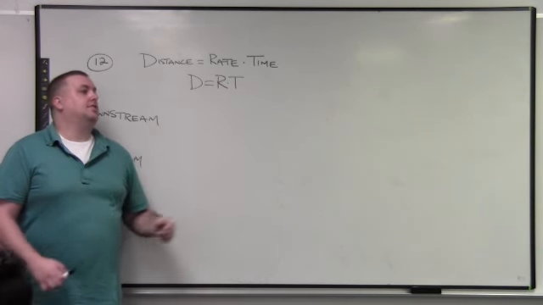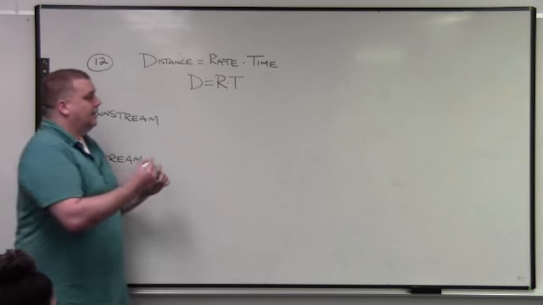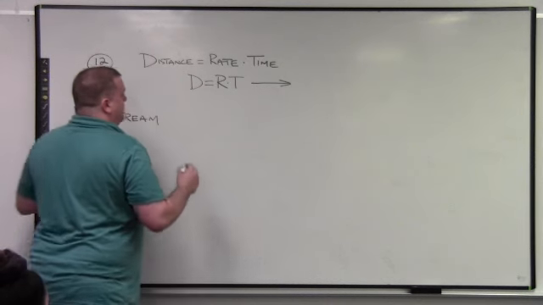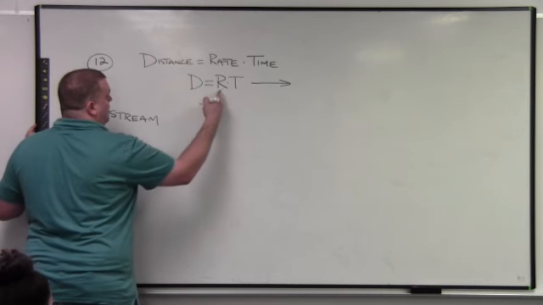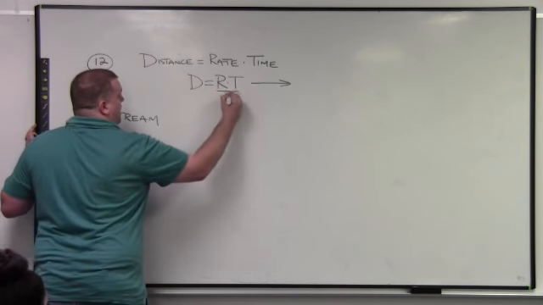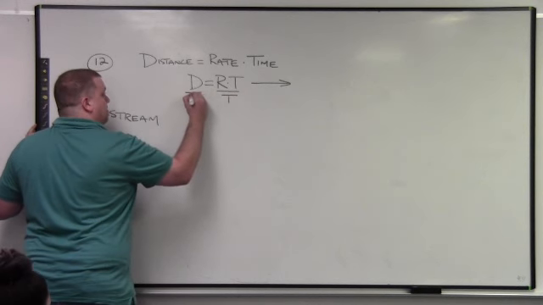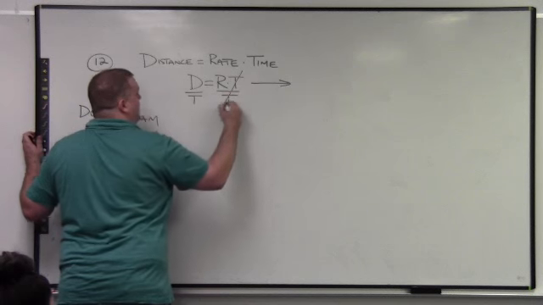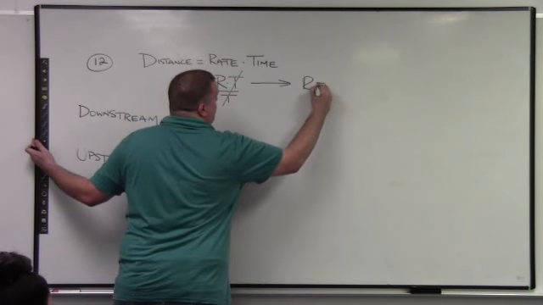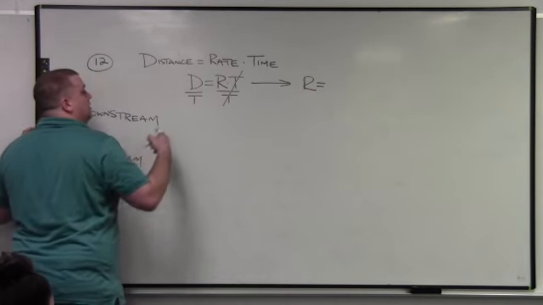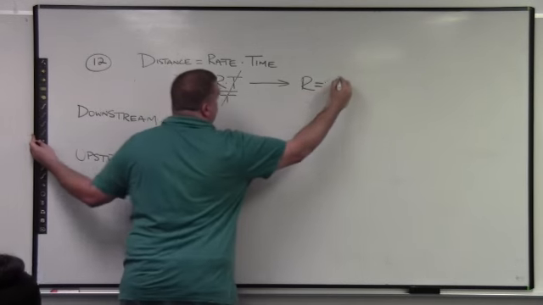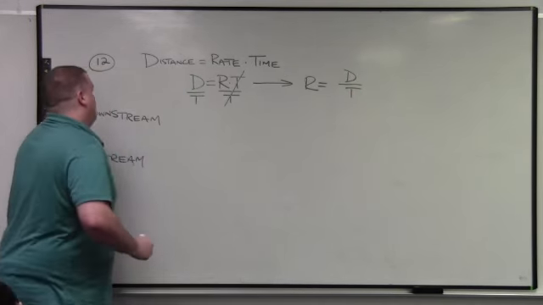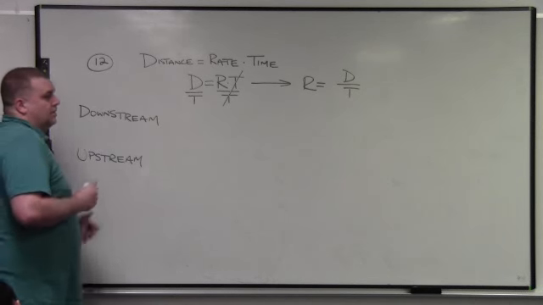Rate is how fast you're traveling. So how could I solve this equation for rate? Distance divided by time. Right. I could divide both sides by t, correct? So r is equal to d over t. So downstream, I have two speeds to worry about, right?